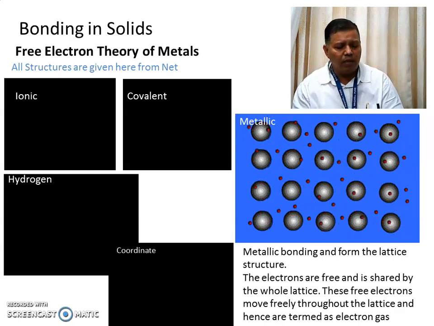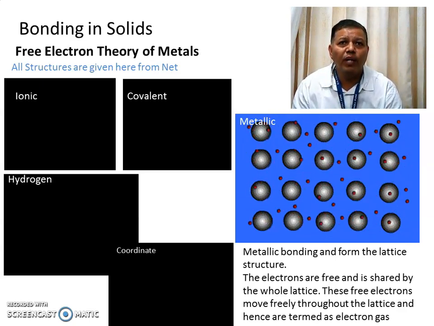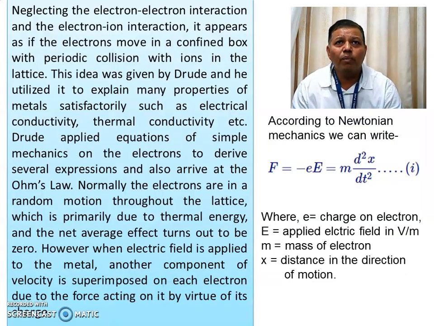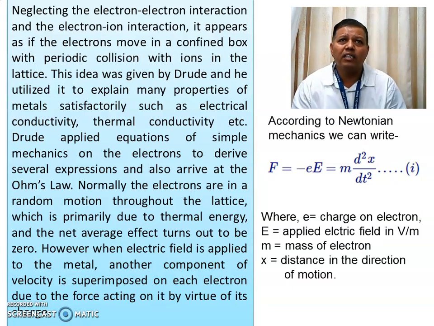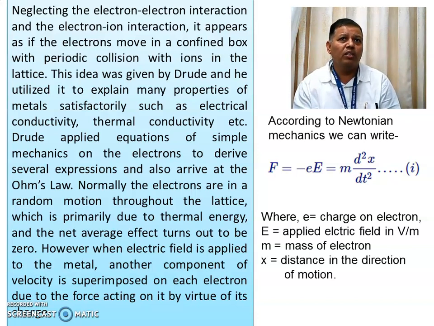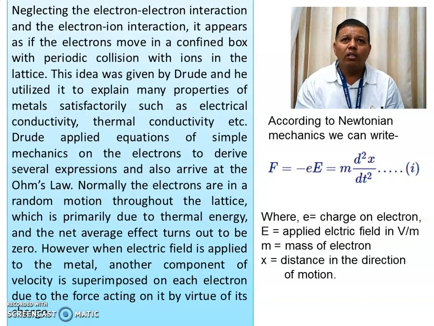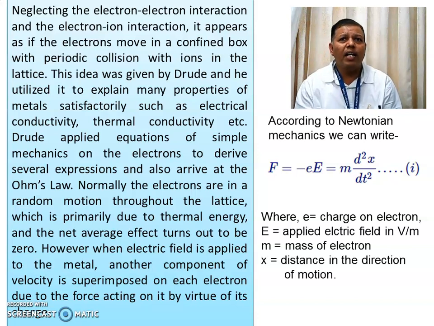Now, in case of the electron-ion interaction, it appears as if the electrons move in a constant box with periodic collisions with ions in the lattice. Now, Drude utilized this and explained many properties of the metal, such as electrical conductivity, thermal conductivity, etc. He applied the equations of simple mechanics on the electron to derive several expressions and also arrive at Ohm's law.